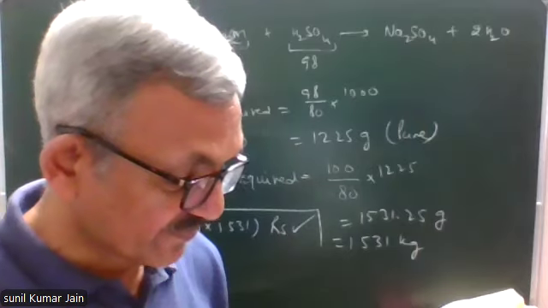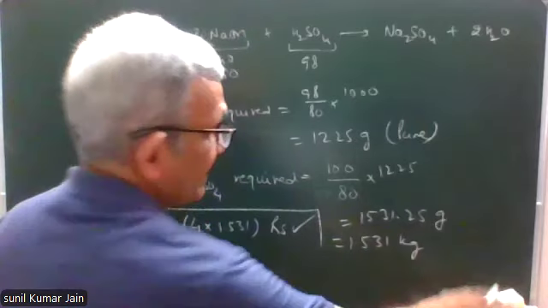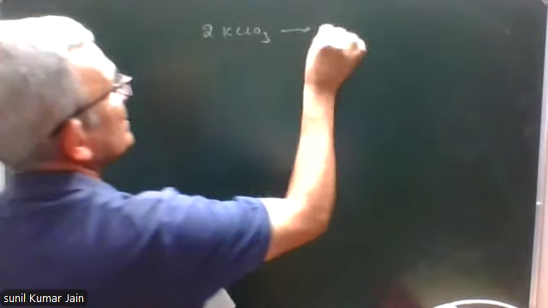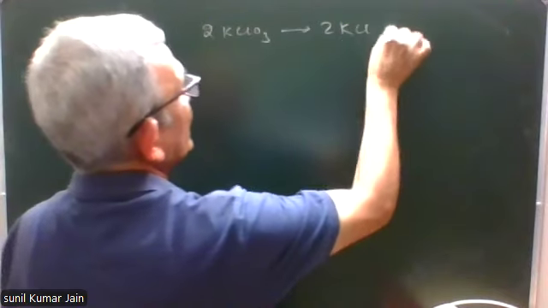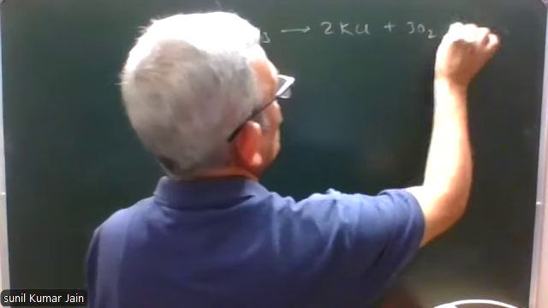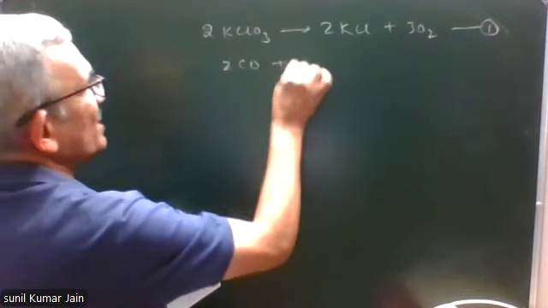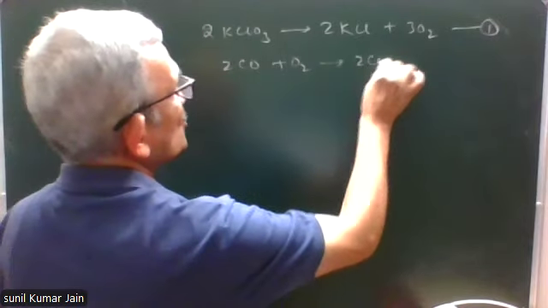Numerical number 5. Let me write there are two equations. 2 KClO3 gives 2 KCl plus 3 O2. 2 CO plus O2 gives 2 CO2.